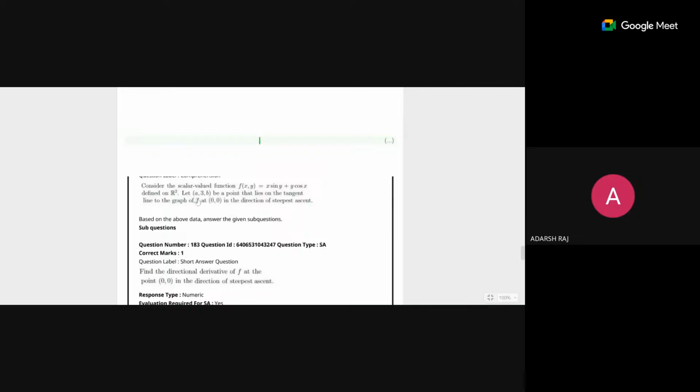So what do you mean by this? The question is saying let a comma 3 comma b be the point lying on the tangent line to the graph at 0 comma 0, in the direction of steepest ascent.